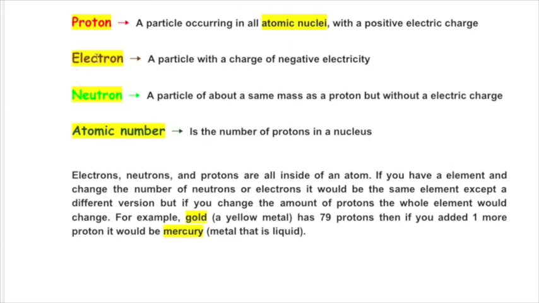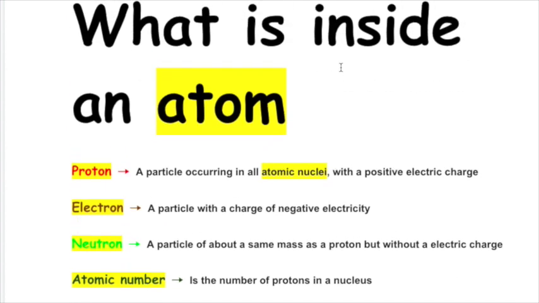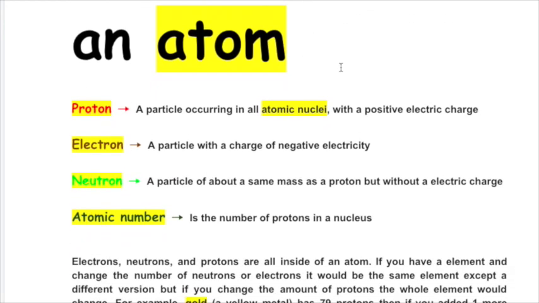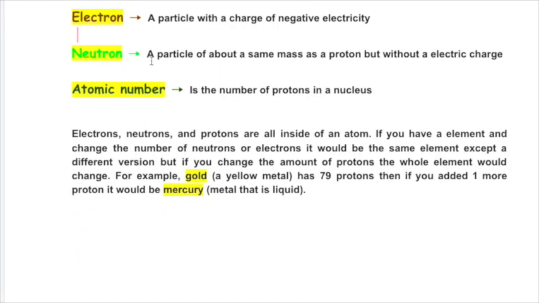An electron is the same thing as a proton in a way, except an electron has a negative charge, so same thing, just negative. Now a neutron. It's a particle of about the same mass as a proton, but without an electric charge.